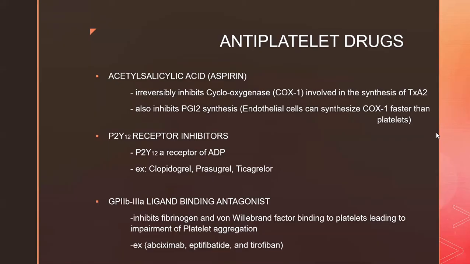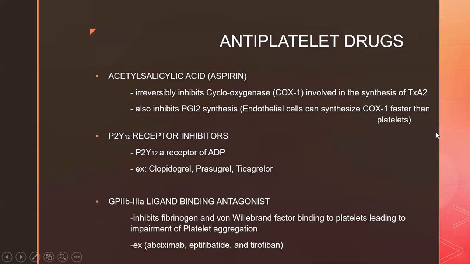Yung aspirin, it also inhibits your prostacyclin synthesis. Pero, note that yung idea is that your endothelial cells can synthesize cyclooxygenase faster than bind to your platelets. Okay? So it is more of an inhibitory than a pro-aggregator.